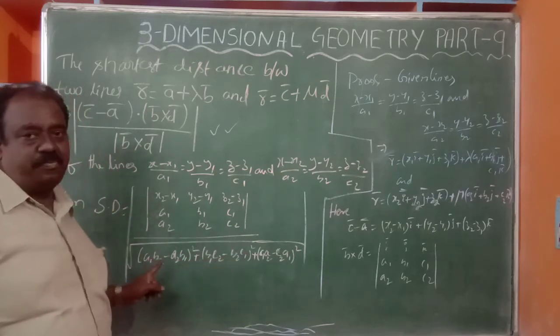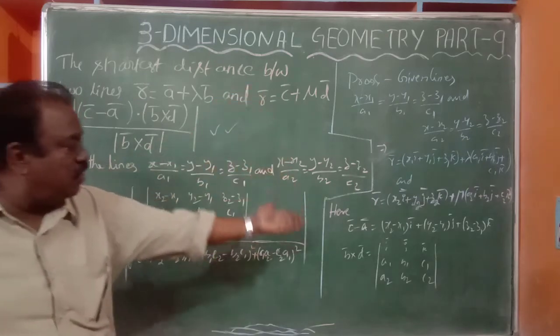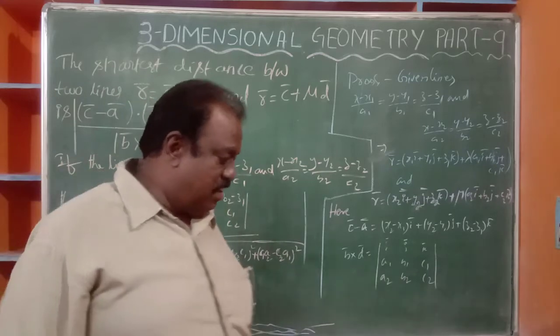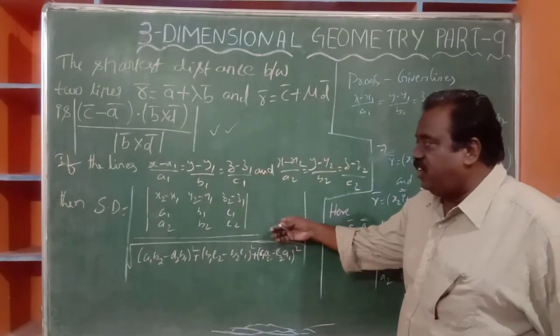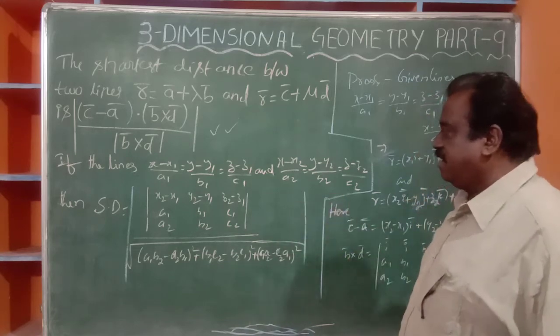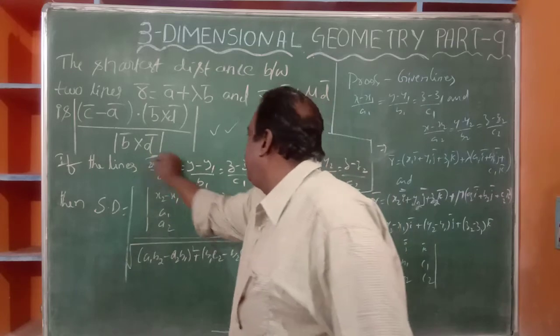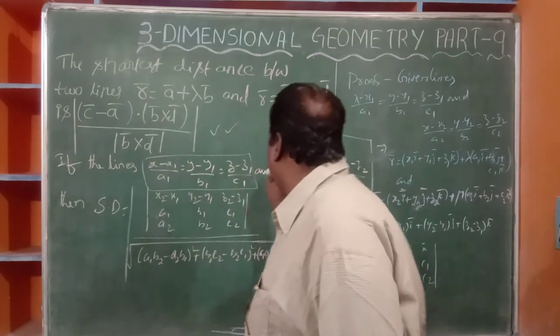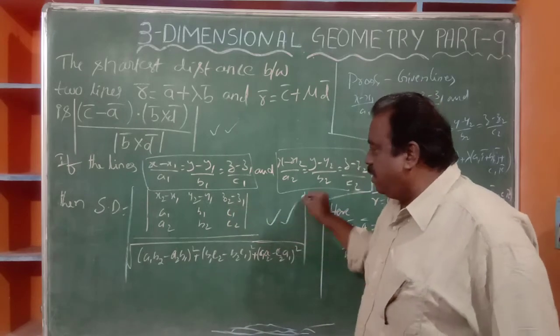Try to understand. I have given b bar cross d bar very clearly in the proof also. You observe how this SD, the shortest distance, is obtained when the lines are in Cartesian form. This is the Cartesian form of the two lines, and then this is the formula.